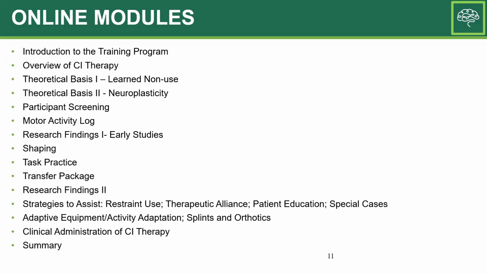They include Introduction to the Training Program, Overview of CI Therapy, Theoretical Basis 1, Learned Non-Use, Theoretical Basis 2, Neuroplasticity, Participant Screening, Motor Activity Log, Research Findings 1, Early Studies, Shaping, Task Practice, Transfer Package, Research Findings 2, strategies to assist restraint use, therapeutic alliance, patient education, and special cases, adaptive equipment and activity adaptation, as well as splints and orthotics, clinical administration of CI therapy, and a summary.